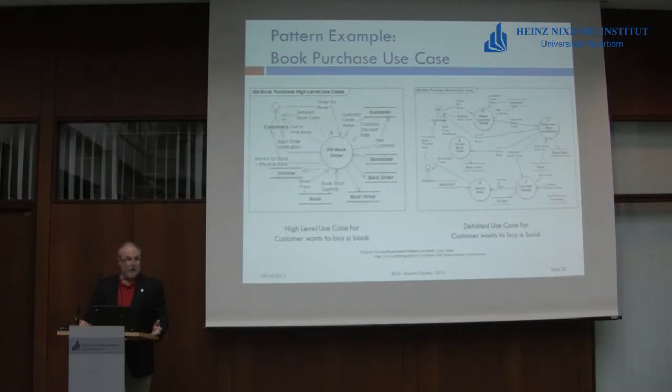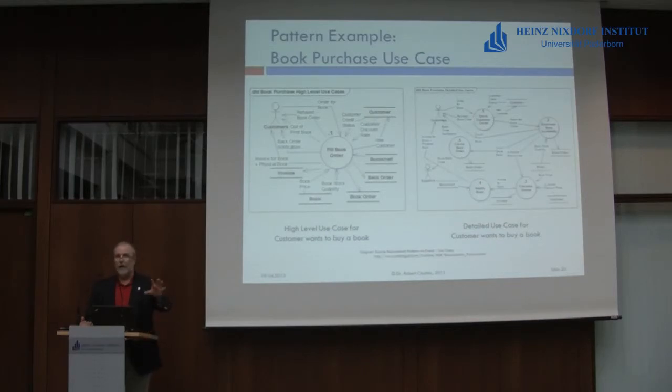He was creating a piece of custom software to manage a small private bookstore in the UK. This is an old diagram type that really isn't used very much anymore, data flow diagrams, but it still will convey the issue. On the left, the top level function of that software was to fill a book order.